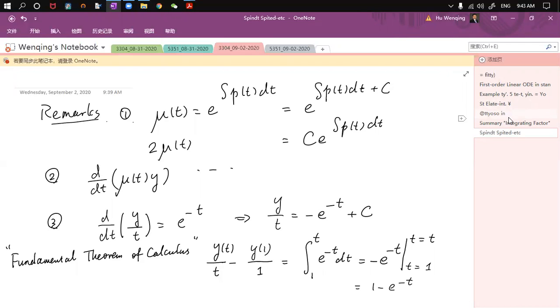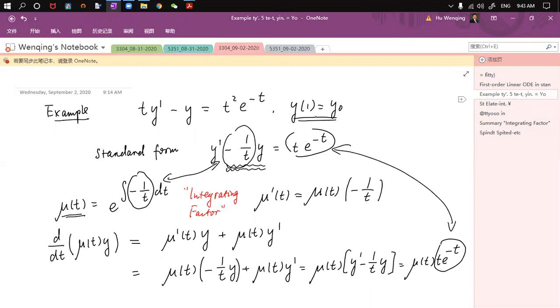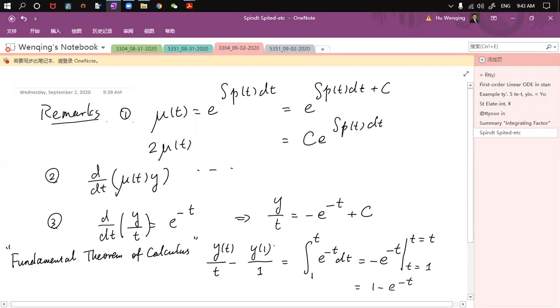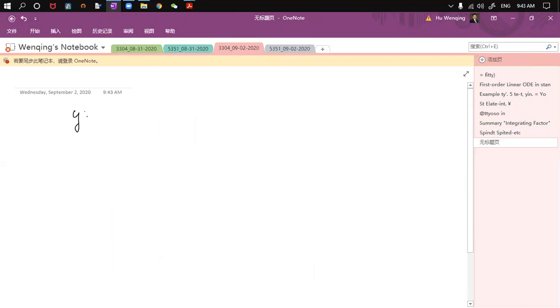And what is y(1)? According to the problem, y(1) is y0. So you're going to have an identity saying that y(t) divided by t is equal to what?